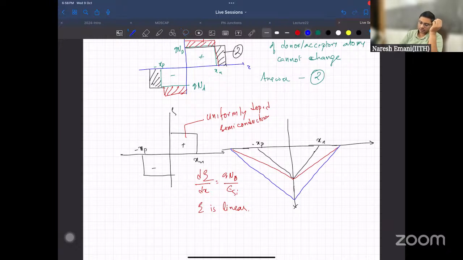Let's say this is my option 2 and this is my option 1. This is the E field at V1. These are my situations. Now, when you have such options, what will be my electric field?